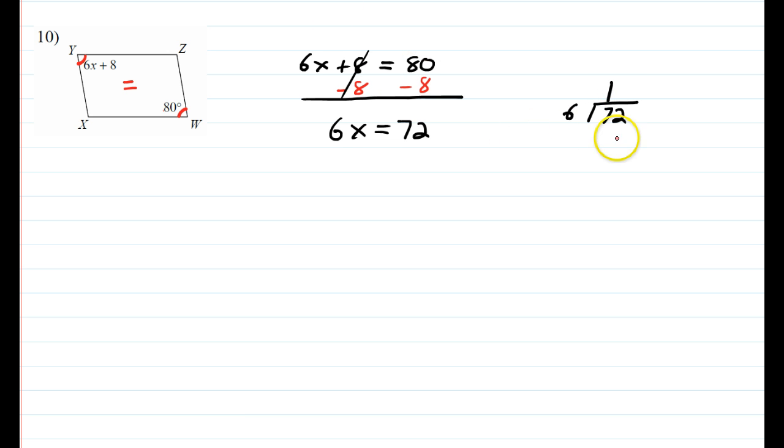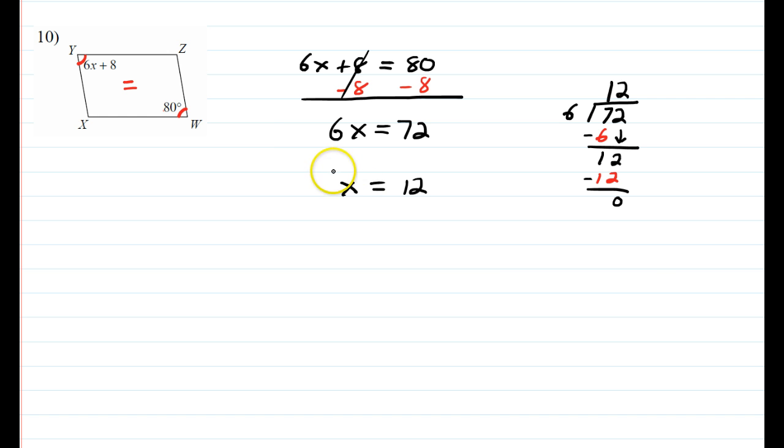Now you multiply, 1 times 6 is 6. Now you subtract. Now you bring down. How many times does 6 go into 12? 2. And so 2 times 6 is 12. So we get 0. So 6 times 12 is 72, and we get x equals 12.